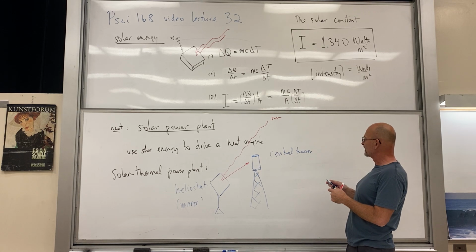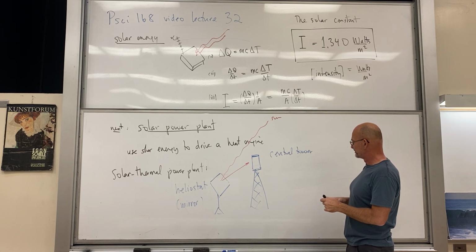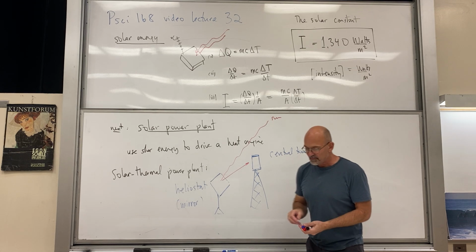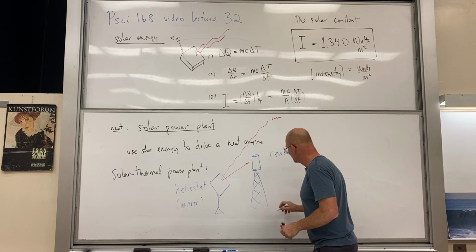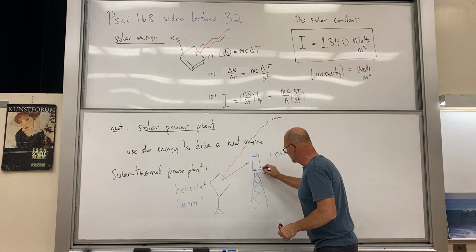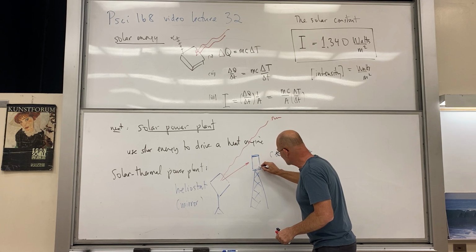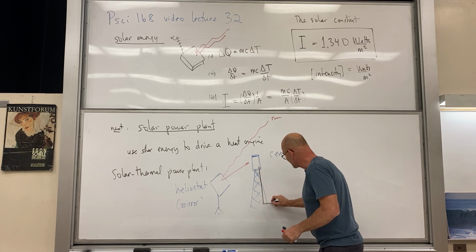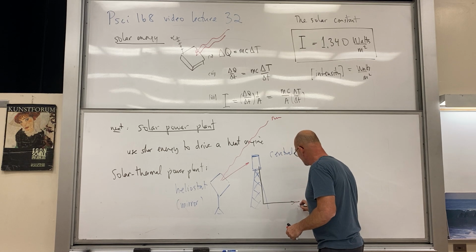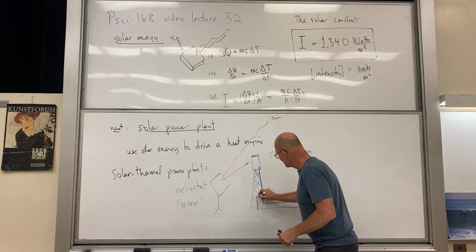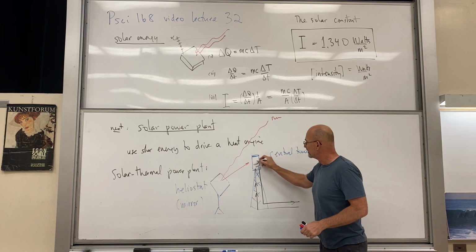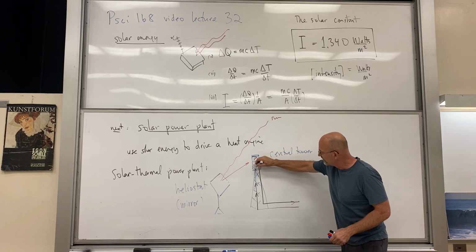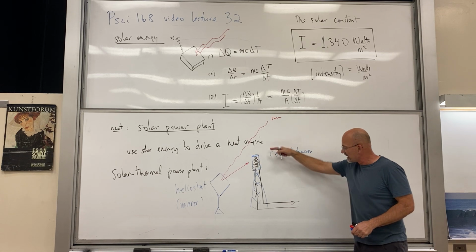Okay, so now I have to draw some piping here. So there is some fluid in here, and this will be the pipe that's leaving it, and here's a pipe that's entering it. So I've got arrows going up here into the central tower device, and I have one leaving it.